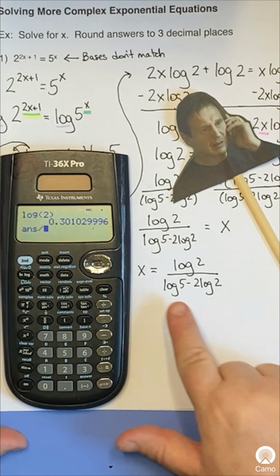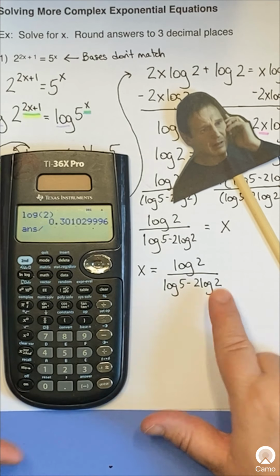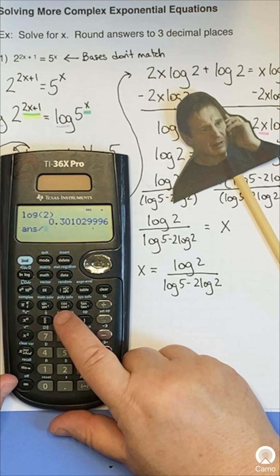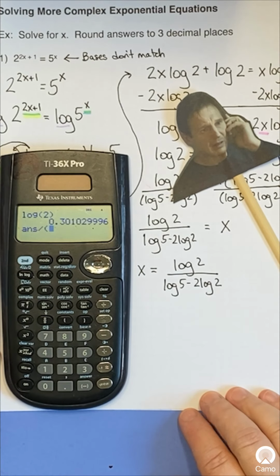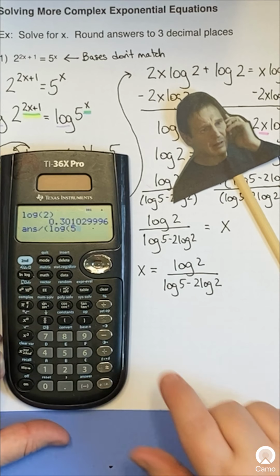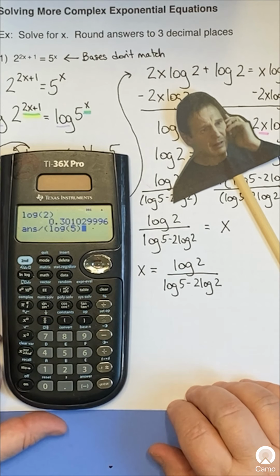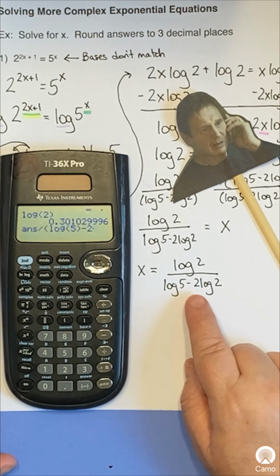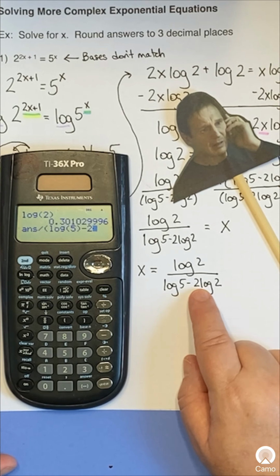Now, since the denominator has 2 terms in it, I need parentheses. Parentheses. Log 5. Close the parenthesis for the log, minus 2. Now here on some calculators you have to write 2 times log of 2.